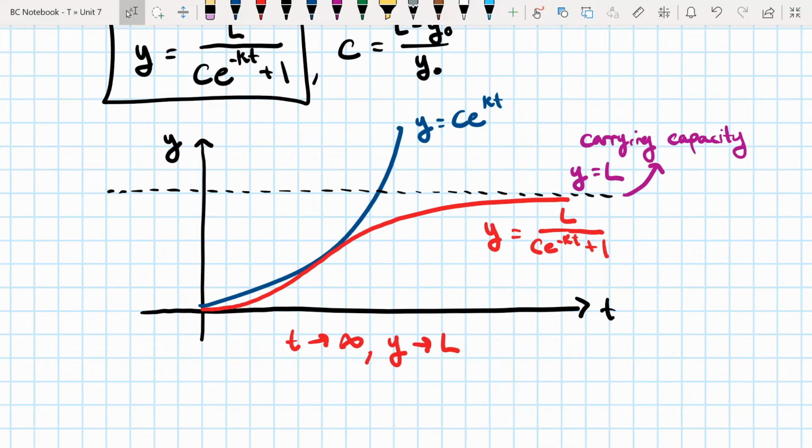Okay. One more thing before we move on to our first example is an important characteristic of this is that not only does it level off at the carrying capacity, but at L over 2, which is half the carrying capacity. So this is L over 2, I'll write it over here.